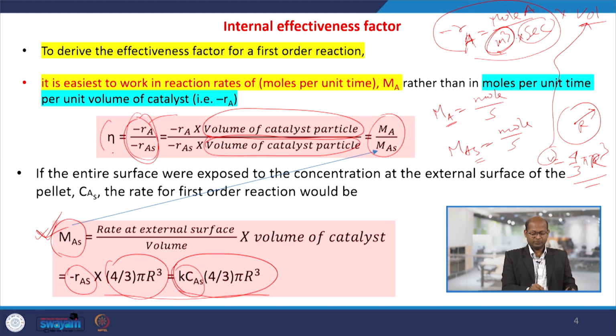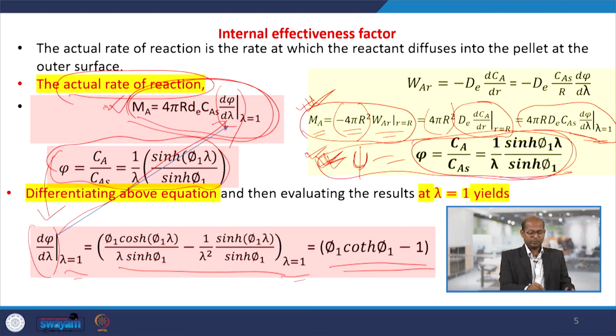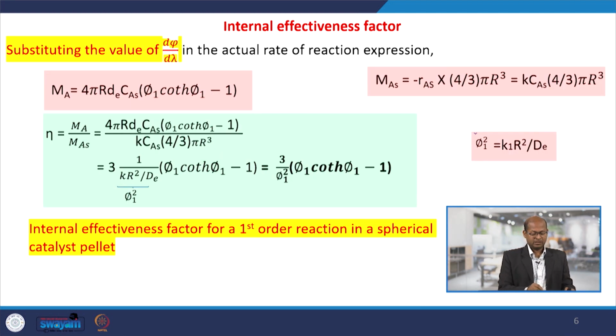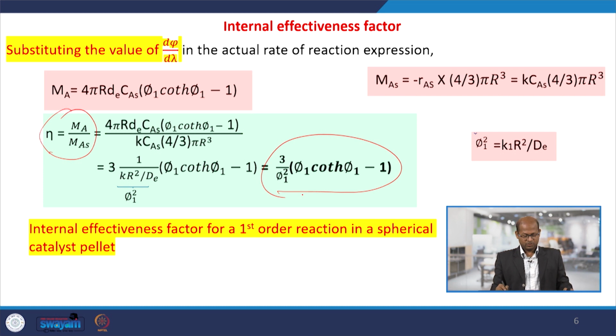Now, if we want to get the effectiveness factor, we need M A and M A S. M A S is this and M A is this. Both we substitute in the equation, then eta equals M A by M A S, and after simplification we get eta equals 3 by phi 1 squared, into phi 1 coth phi 1 minus 1.